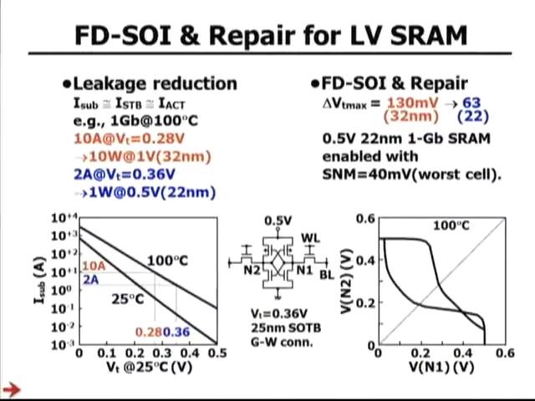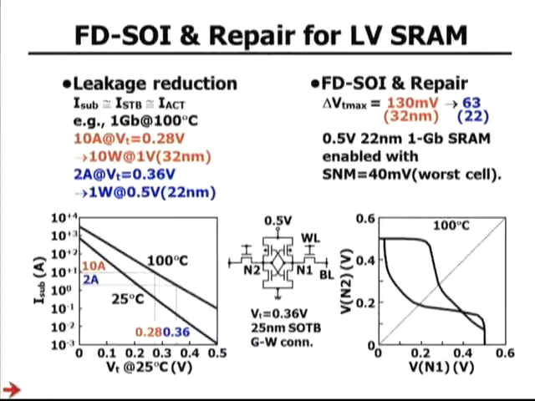For SRAM, leakage reduction is a key because subthreshold current, I-sub, dominates even the active current. As you can see on the left, a hypothetical 1 gigabit SRAM at 100 degrees Celsius consumes as large as 10 amperes at the 0.28 volt VT, and thus 10 watts at 1 volt usually used in the 32 nano generation.